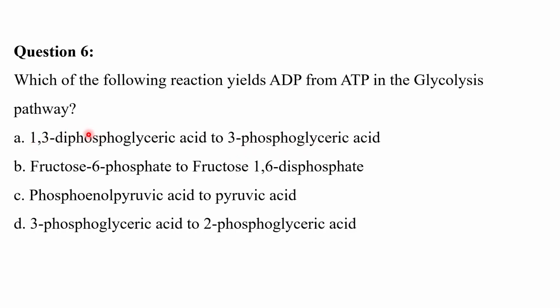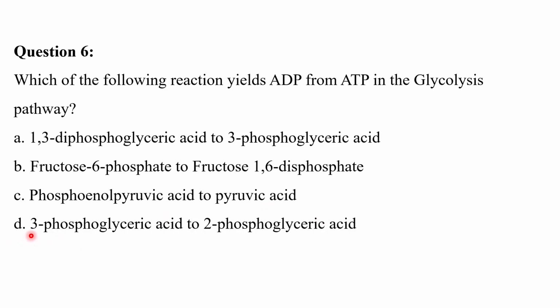So that means in this reaction we cannot yield ADP from ATP, right? Because in this reaction a phosphate group is already given out. We have to see a reaction where a phosphate group is taken. If you see the third reaction, phosphoenol pyruvate to pyruvic acid, in this also phosphate is released, only pyruvic acid is remaining in the product.